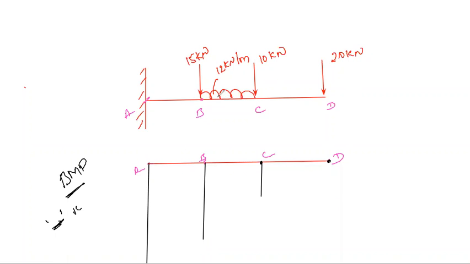Whenever you are drawing a bending moment diagram, if there is a UDL, then this should be a parabolic line. Means you will get a quadratic equation. I will tell you how the quadratic equation comes here.